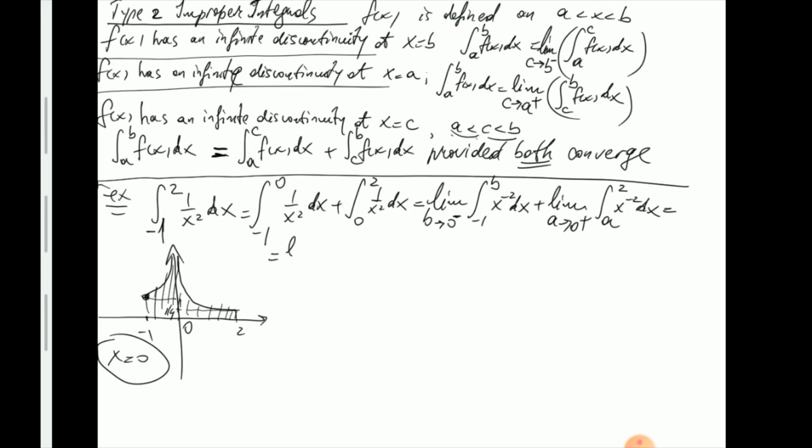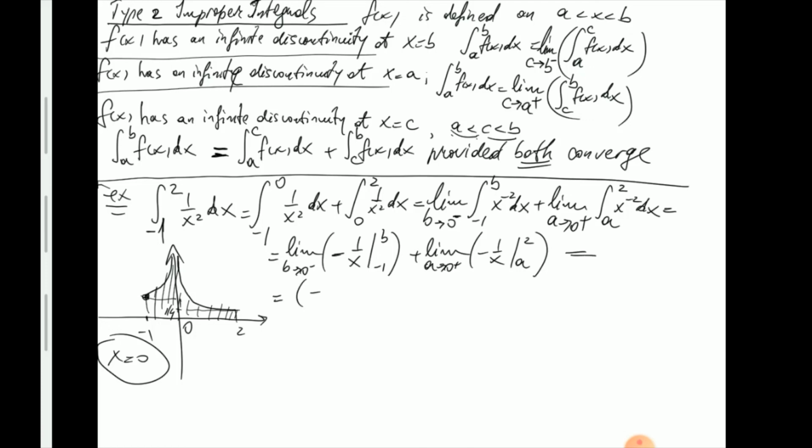So the first piece is x to the minus 2 plus 1. That's going to be minus 1 over x, the antiderivative, evaluated between minus 1 and b. And the second one, obviously same function, minus 1 over x, evaluated between a and 2.